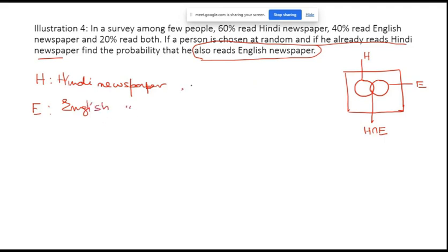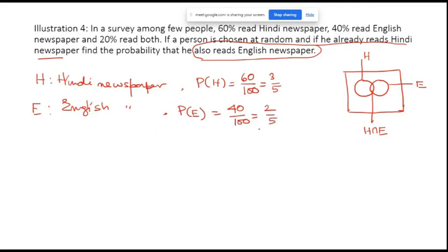Now by the question, 60% read Hindi newspaper, that is probability of H equal to 60 divided by 100, because it is given in percentage. If you reduce, you will get 3 by 5. And probability that he reads English newspaper is 40 by 100, which once again gives 2 by 5.